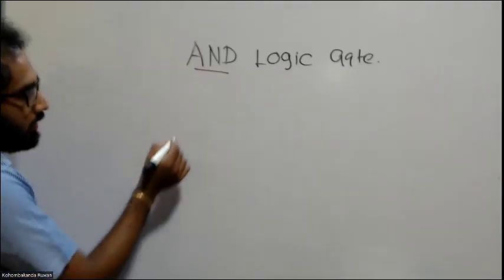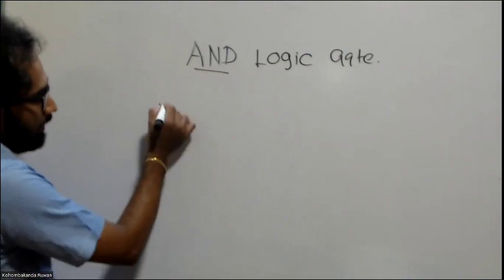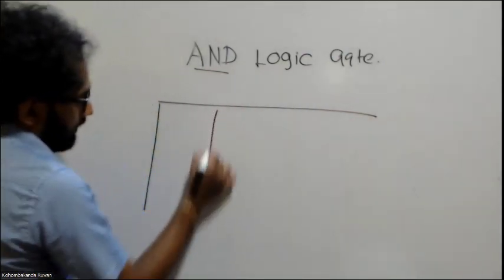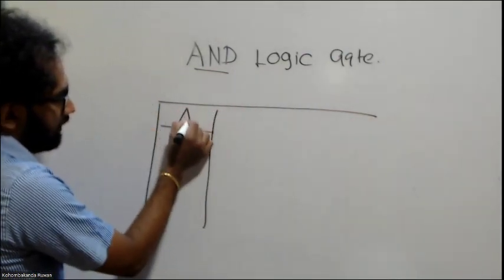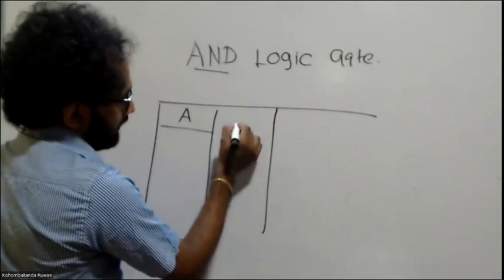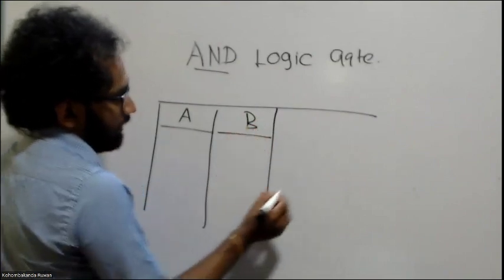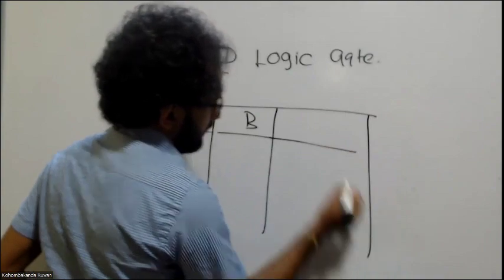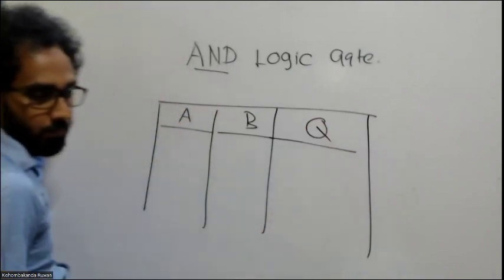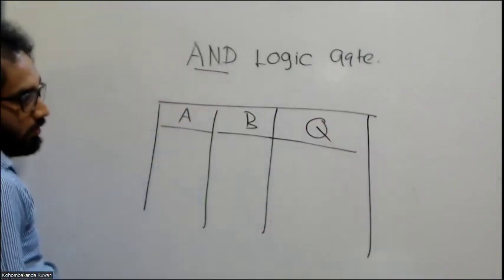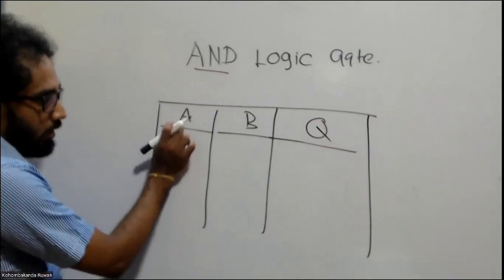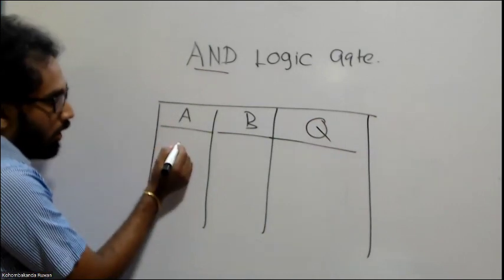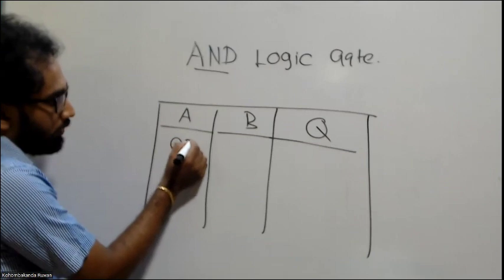Now the table, look at this one. This is input A, this is input B, and this is Q, that is the output. Assume that now switch A is off.